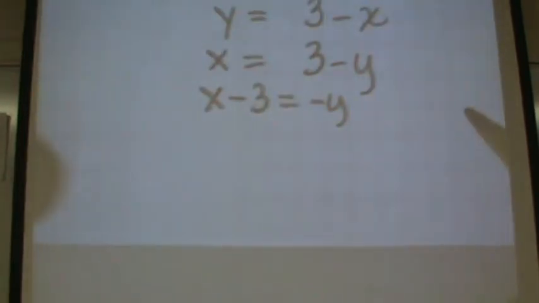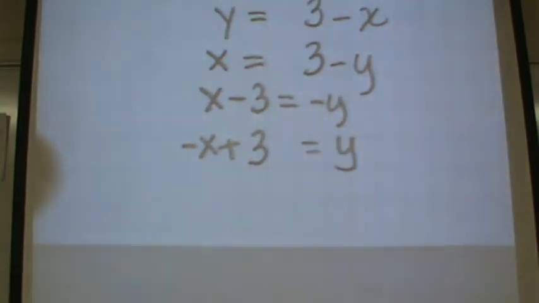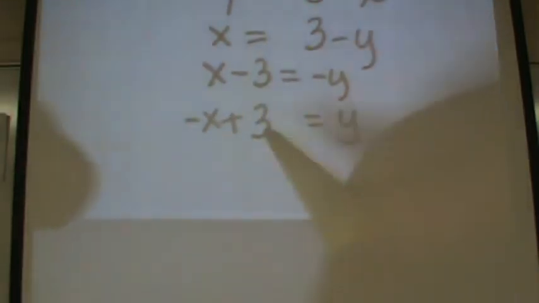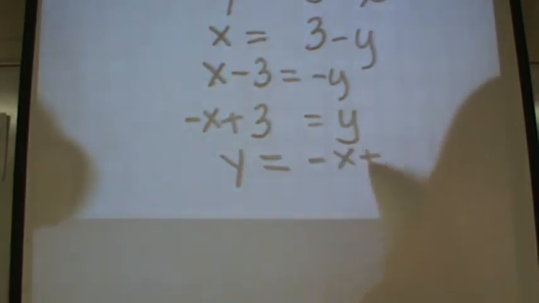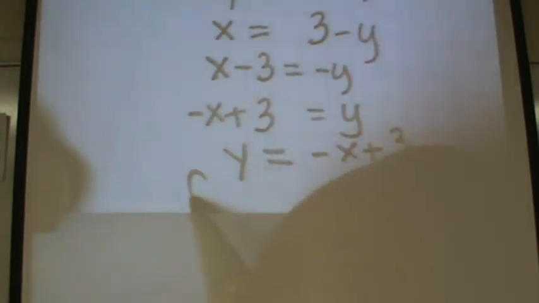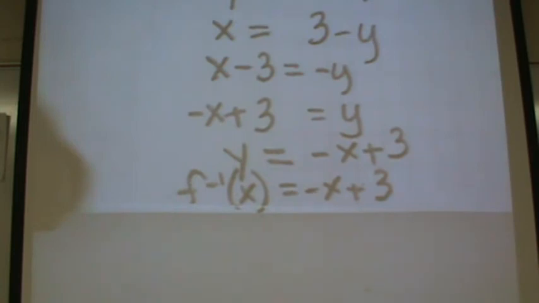And then what? I don't want negative y, I want positive y. And what's a better answer? Instead of writing y is equal to negative x plus 3, what's a better answer? F negative 1 of x. You get this, guys? Yeah.